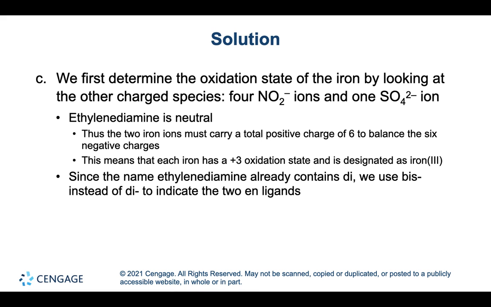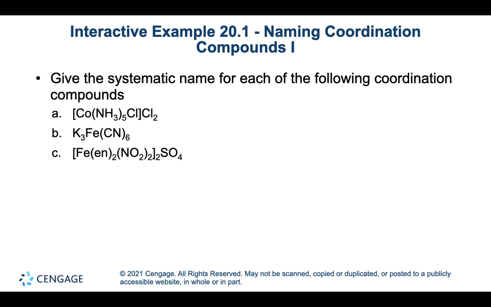And then the last one, we've got the NO2 minus ions and the SO4 minus 2 ion. The ethylene diamine is neutral. Notice there are 2 of the complex ions for the sulfate.